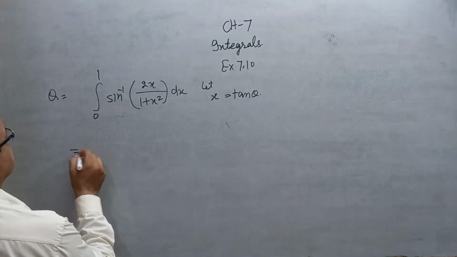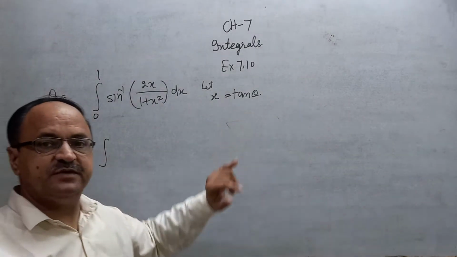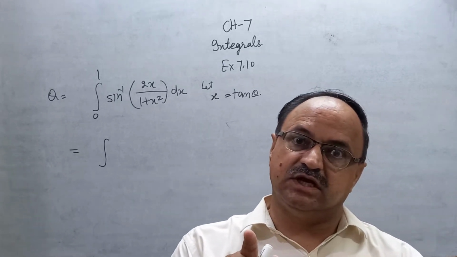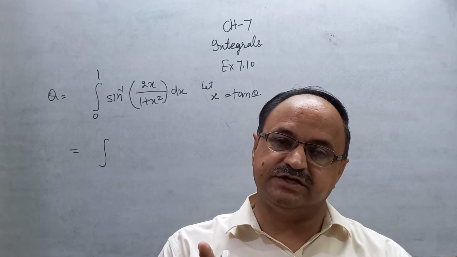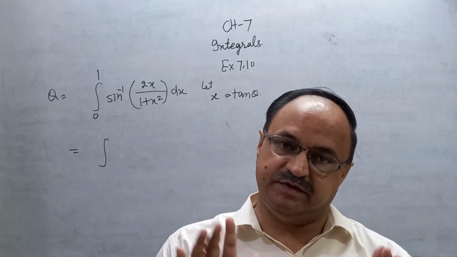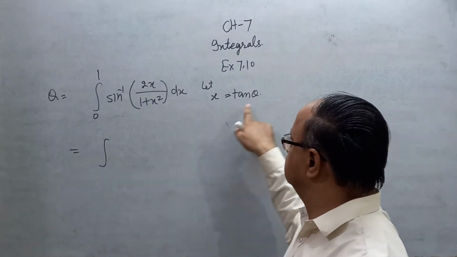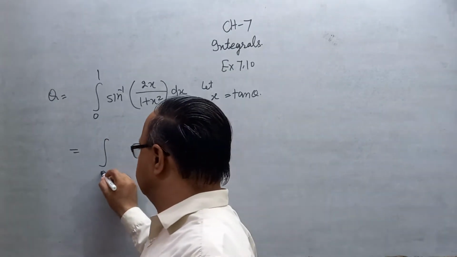Therefore, first change the limit. In a definite integration using the substitution method, you have to change the limit. It is the main work. When you put 0, tan 0 is 0.